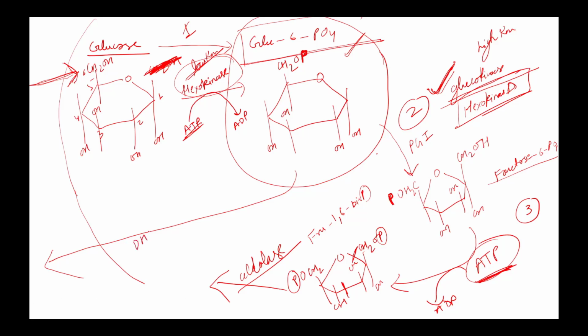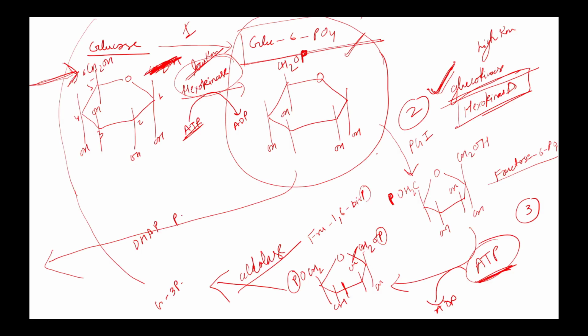You will get two structures, dihydroxyacetone phosphate and glyceraldehyde 3-phosphate. So it is divided into two.